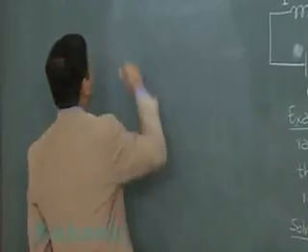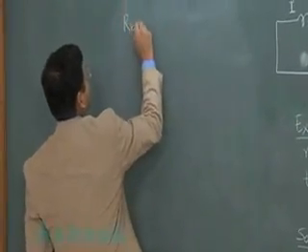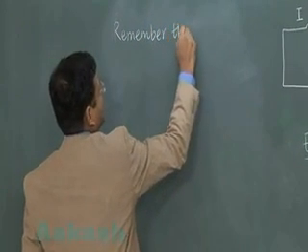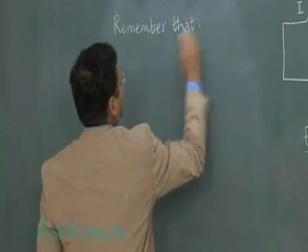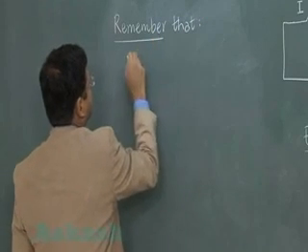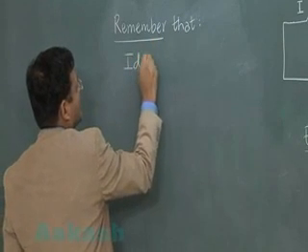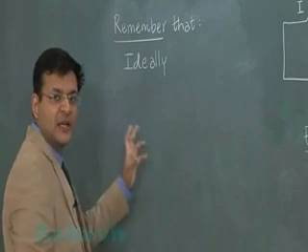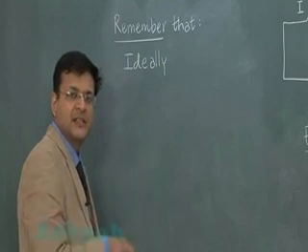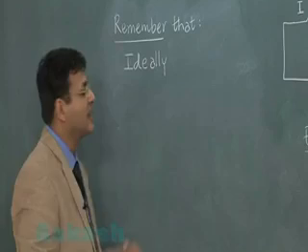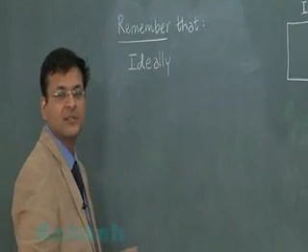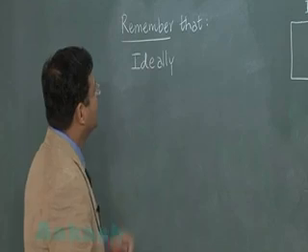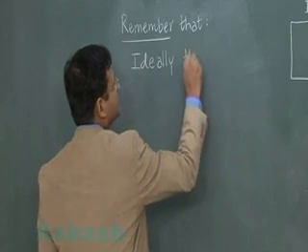Remember that ideally means the resistance is absent. You understand what is the meaning of the word ideally here? Ideally here means that there is no loss of energy in the circuit. Resistance is not available. Only the capacitor and inductor are present in the circuit. Then it says that ideally the total energy stored in the circuit is constant.